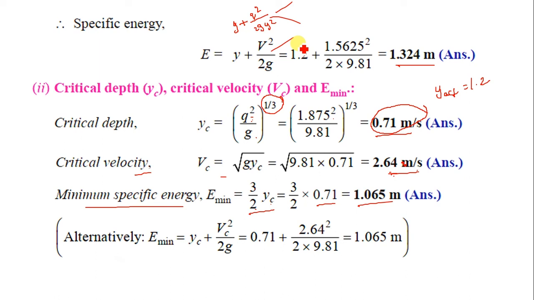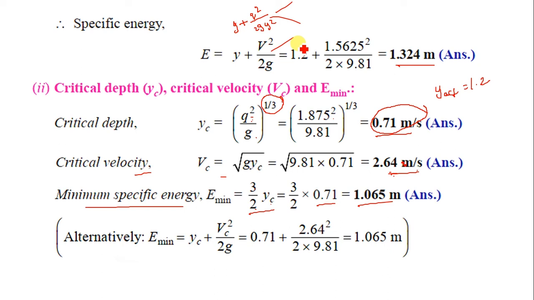For every channel there is going to be a yc, but the depth of the flow in every channel is not going to be yc, it is going to be some y value. We are finding what the depth of the flow should be in order for the channel to carry a critical discharge or critical velocity flow, in order to classify that flow. That's it.